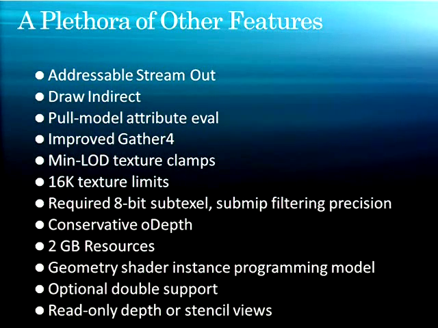That's the ability to evaluate attributes within a pixel, somewhere on a predefined multi-sample grid. Let's see. There's improved Gather4 support. We now support multi-component textures with Gather4. There's now required 8 bits of subtexel and submip filtering precision. So again, we've tightened the spec up there. Optional double support, increased resources, things like that. So a whole bunch of new functionality coming online.